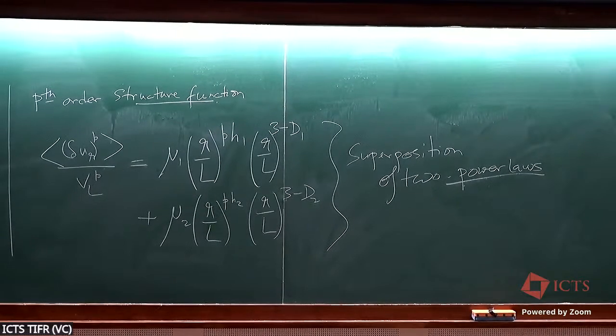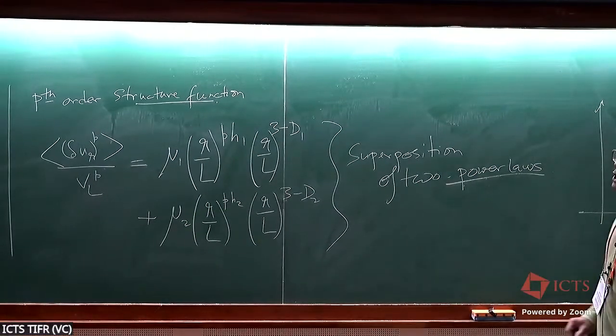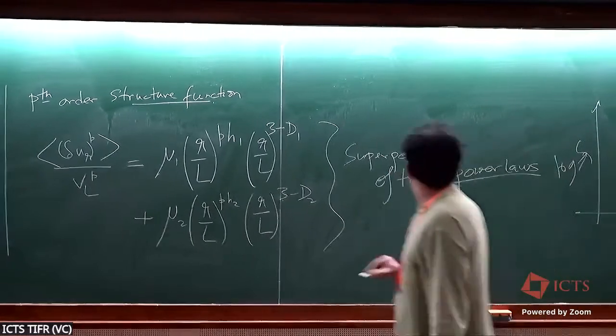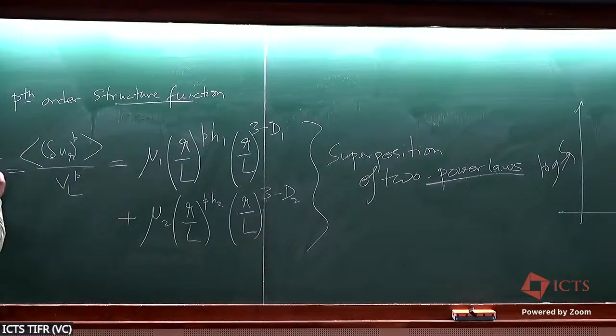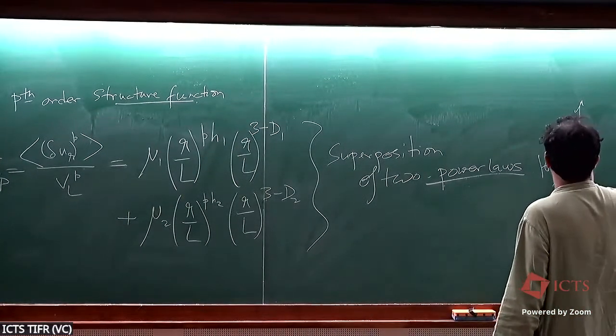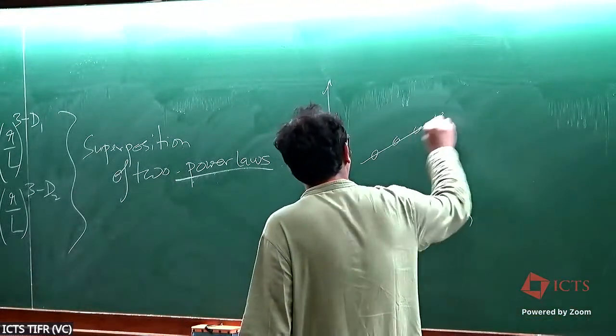And we've already seen what to do when we have a superposition of two power laws, right? If the world was exactly what we have here, and I were to take log-log plots of R here and some S_p here, at the end of the day, whatever your favorite software would be, you'd probably convince yourself that there is some straight line.